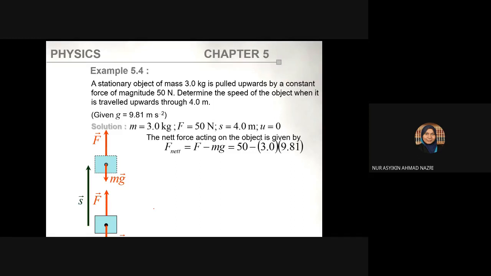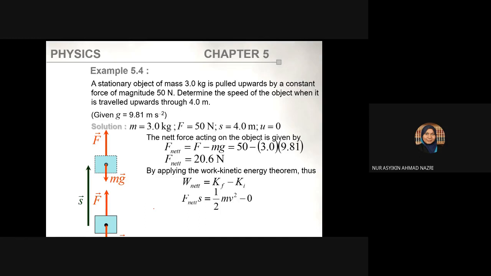Okay, so bila awak dah buat free body diagram, bagi soalan apa pun settle. Okay, so F net equals 20.6 Newton. Okay, so mention here you need to apply the work kinetic energy theorem. Then you need to apply the one that we have learned just now, which is the work done equals the change of the kinetic energy. So mention here that, macam mana dia kata tadi?